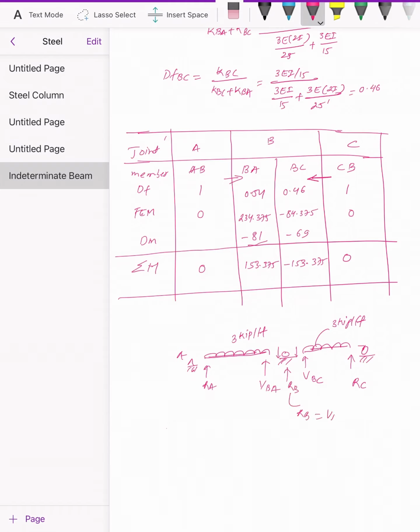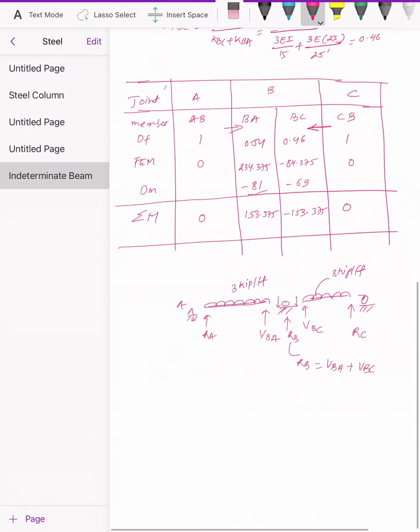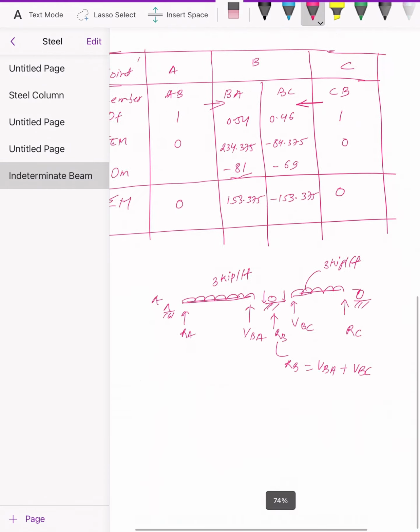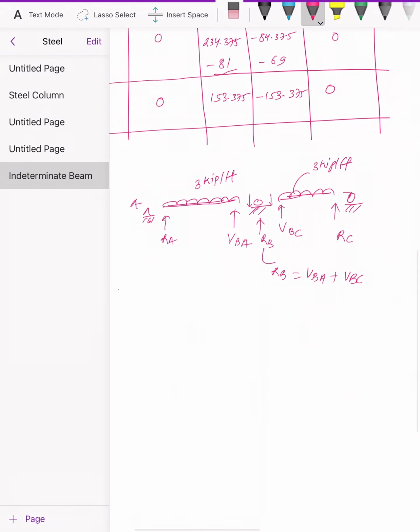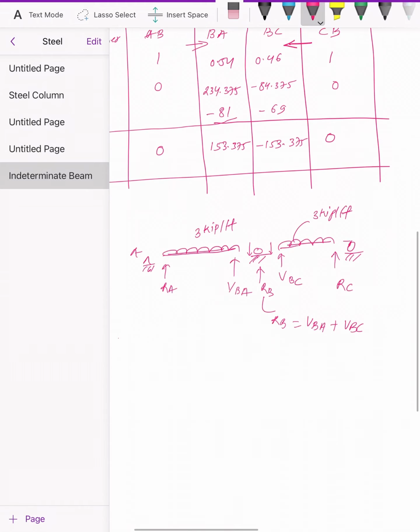RB is equal to VBA plus VBC. Now let's put in our moment. This is clockwise, right?